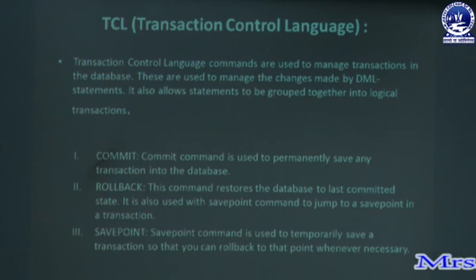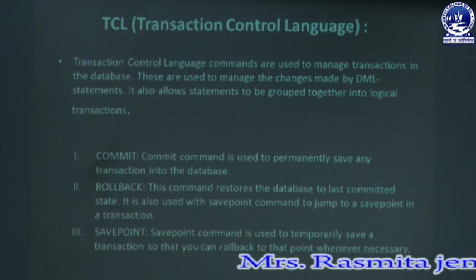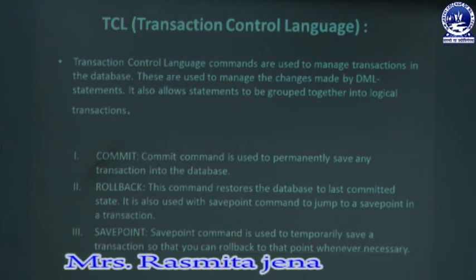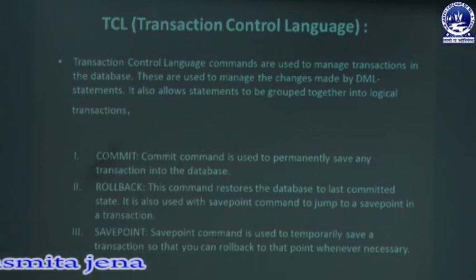If the user wants to restore the data, then the user executes a rollback command to restore the transaction modifications. Then there is also the savepoint command to jump to a savepoint in the transaction, and this savepoint command is used to temporarily save a transaction so that you can roll back to that point whenever it is necessary.